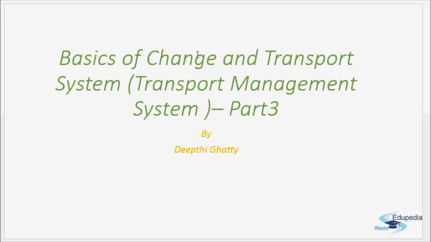Then we have learned about system landscape. In the second video we have learned about the transport organizer, how it is built and how it works with the repository and the customizing tools. In this video we'll learn about the transport management system.